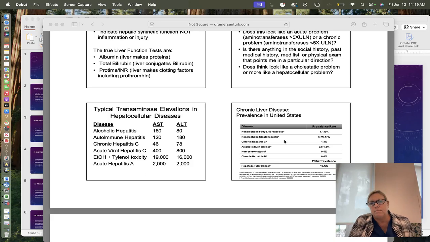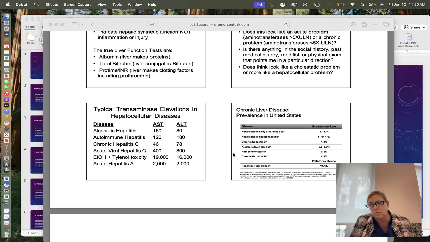So if you look here, for chronic liver disease prevalence, the most common is going to be your non-alcoholic fatty liver disease, most prevalent. And then we have non-alcoholic steatohepatitis, chronic hepatitis, alcoholic liver disease, and then chronic hep B. And if you look at hepatocellular cancer, a good amount.